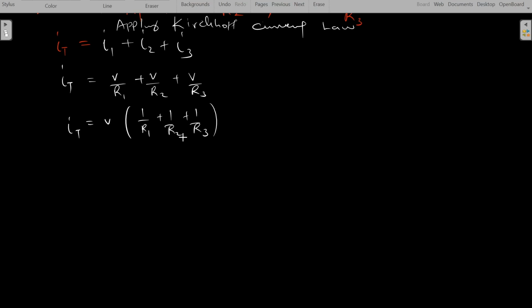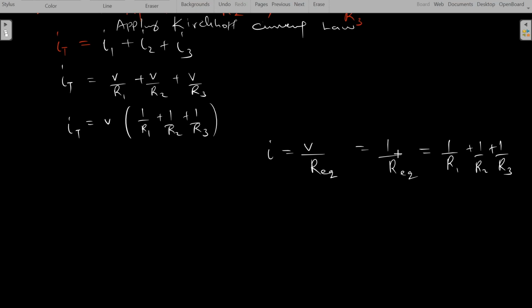Once you've calculated that, let's keep in mind from Ohm's law that current equals voltage over the total resistance, the equivalent resistance. Calculating this, 1 upon R equivalent is the same as 1 upon R1 plus 1 upon R2 plus 1 upon R3.